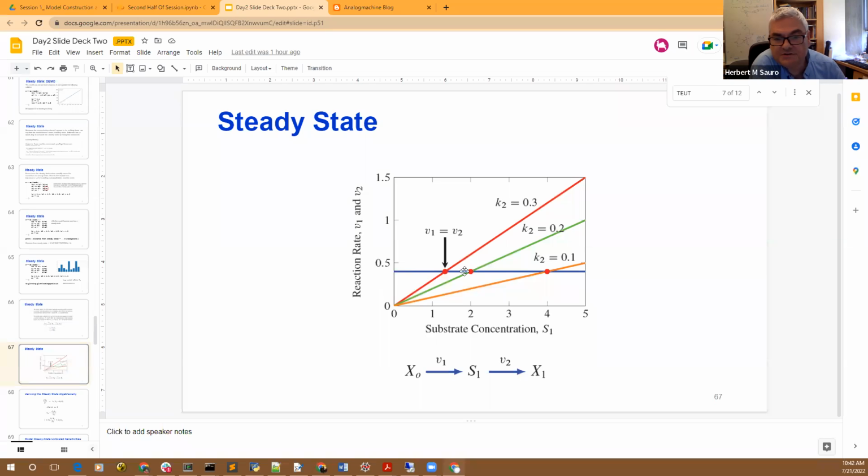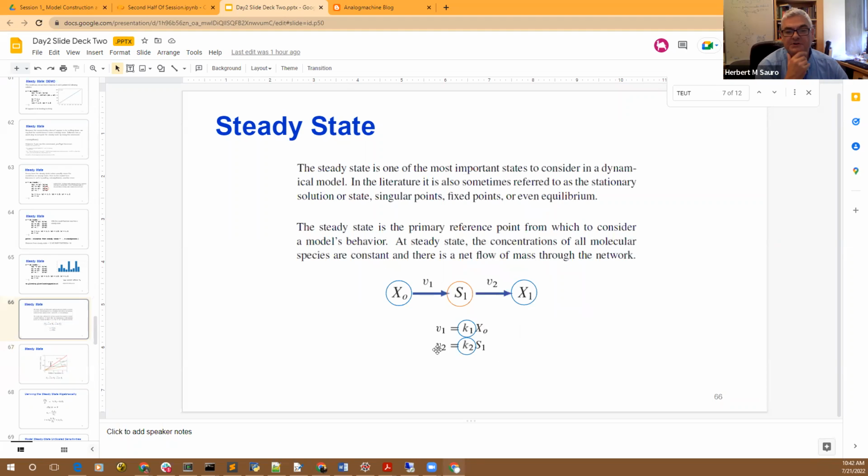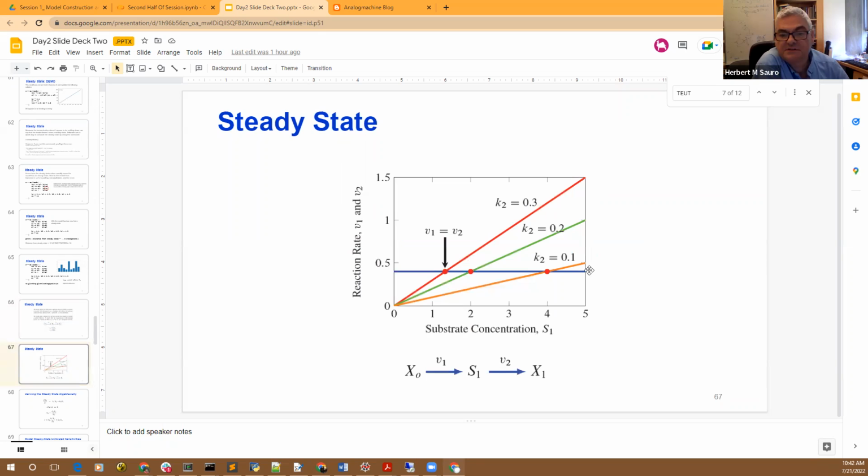So that's why I get a horizontal line. This horizontal blue line is V1. V2 is given by these various colored lines, red, green, and orange, and they differ by the value of K2. If you go back to here, you'll notice that V2 is a straight line function of S1. The slope is K2, so I'm getting different slopes.